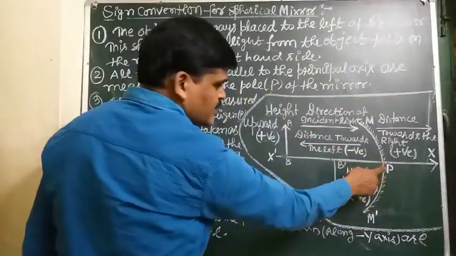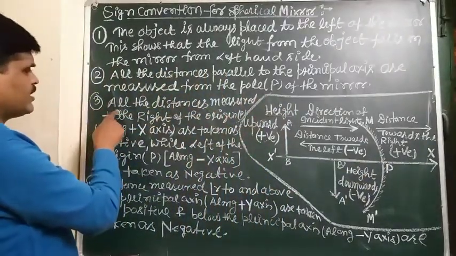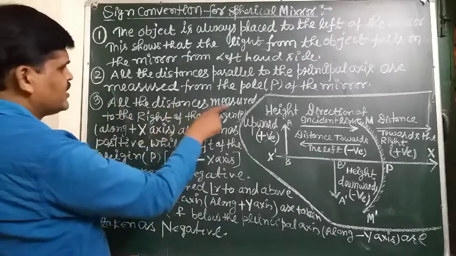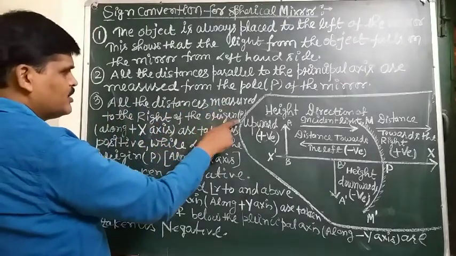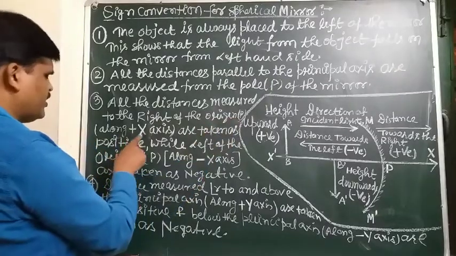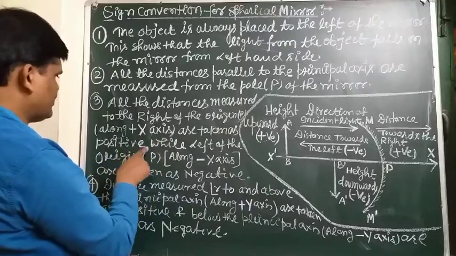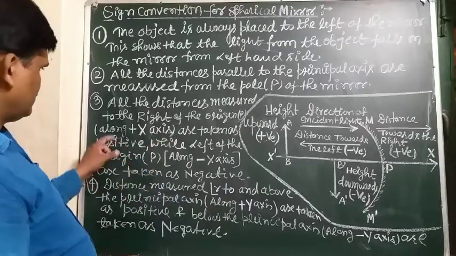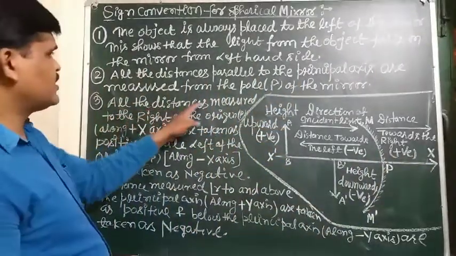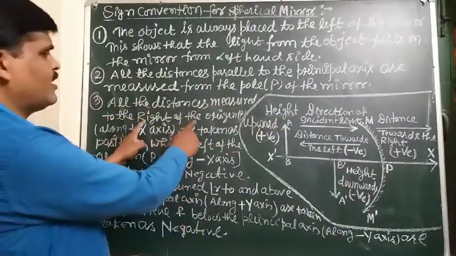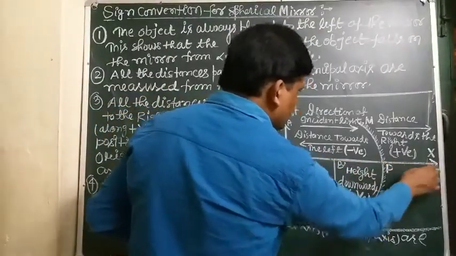Third sign convention: all the distances measured to the right of the pole of the mirror, origin meaning P, along the positive axis are taken to be positive.